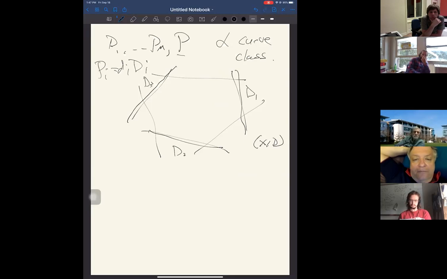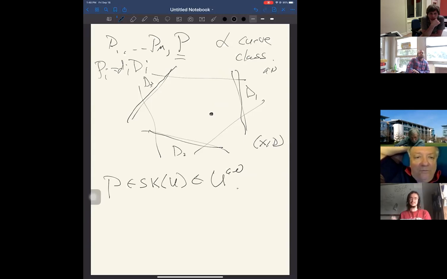What does P give me? I think of P in a different way. Where does P live? P lives in the skeleton of U, so that lives in U in this world. Let's think of this picture as the picture of the analytification, and P is just a point in there. And here's what I want to do.